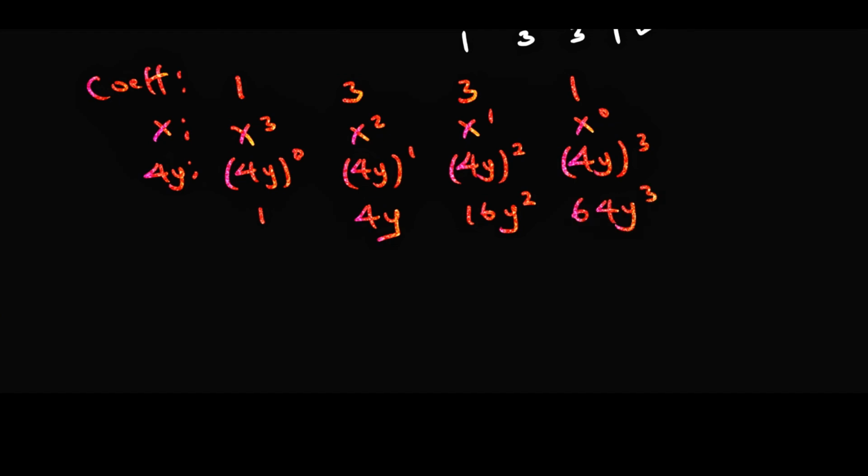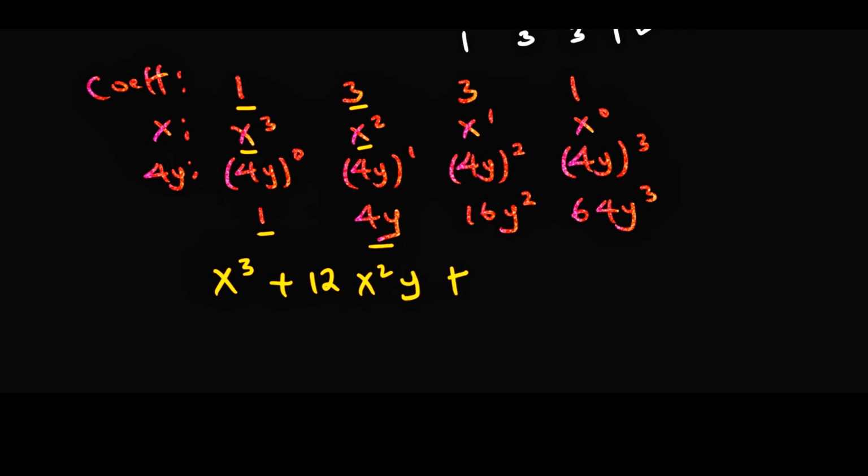So the next thing from here is just to multiply down. You take 1 times x power 3 times 1, which is just x power 3, plus the next, that is 3 times x squared times 4y, which will be plus 12 x power 2 y.